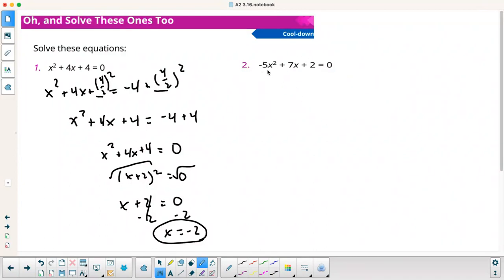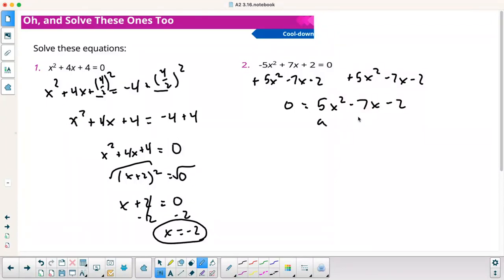Now here's my suggestion. If x squared is negative, I like to move it over to the right. So if I add 5x squared minus 7x minus 2 to both sides, I can now put the 0 on the right, and then it's positive for the a. So 5 is a, negative 7 is b, negative 2 is c.